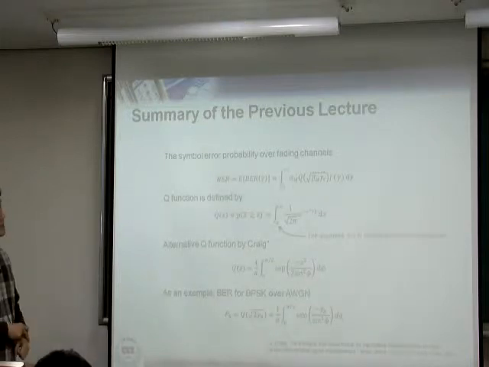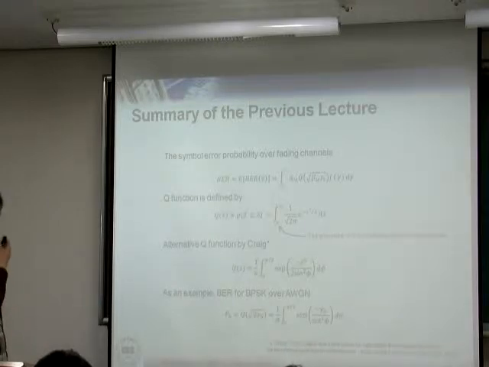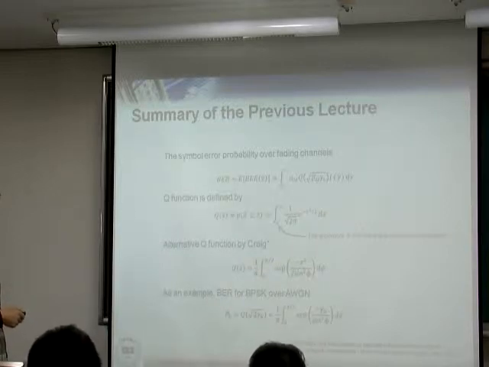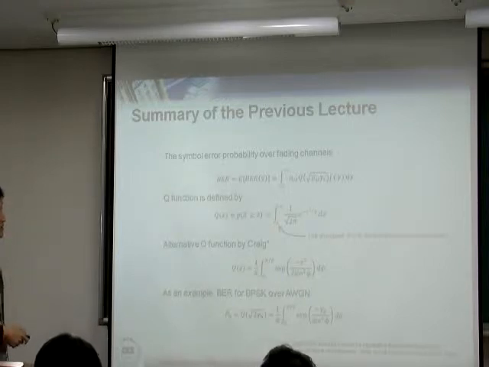Okay, these are the BER analysis. We've covered this one many times, so let me just quickly cover that, and maybe you can skip this. The Q function is popular for performance analysis because we are always dealing with the Gaussian distribution. Noise is a Gaussian distribution.